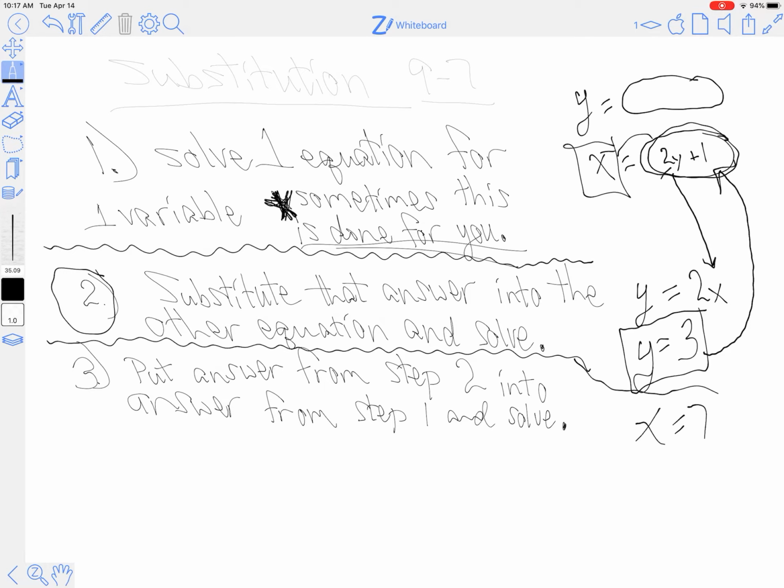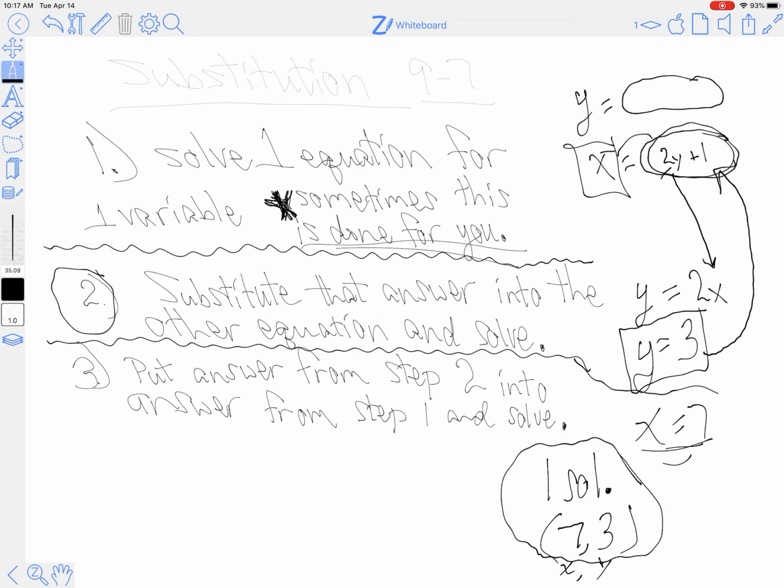And just like solving these systems of equations by graphing, our answers still look the same. I've got to have my x comma y there. So the 7 should come first because that's my x coordinate, comma 3 because that was my y coordinate.